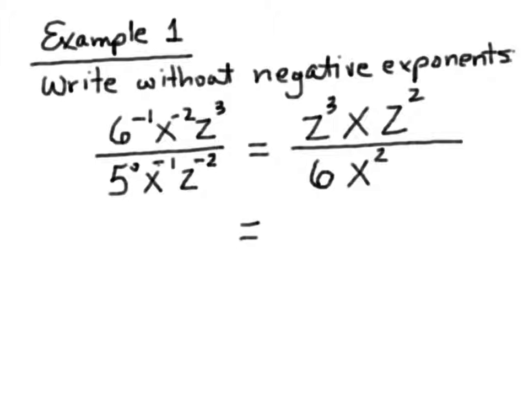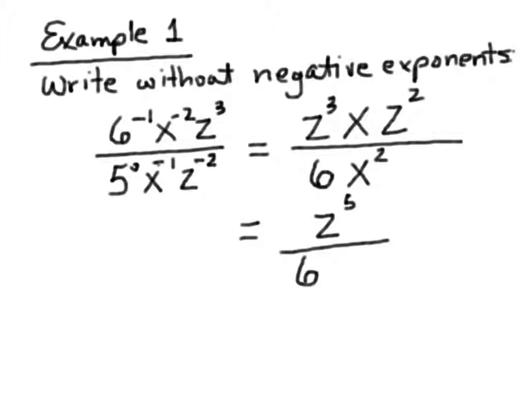Now, let's start with the z's. Z cubed times z squared. We add our exponents. So we're going to have z to the 5th. The 6 is simplified. We're going to leave it alone. Now remember from the previous section, when you have the same variable in the numerator and the denominator, you can simplify by subtracting the exponents.